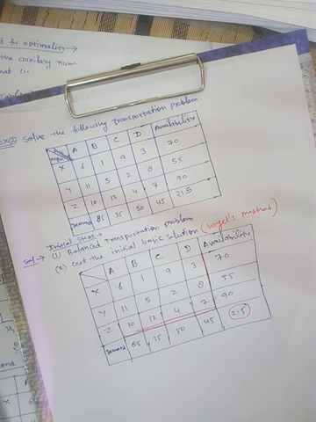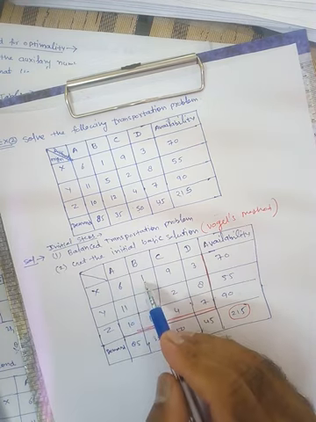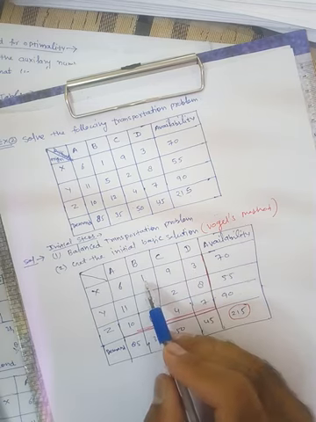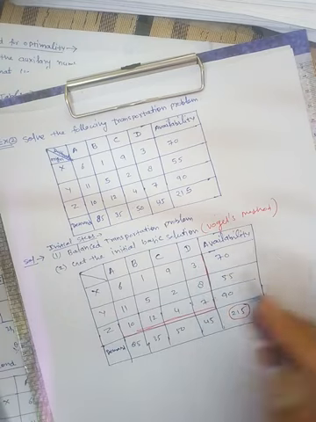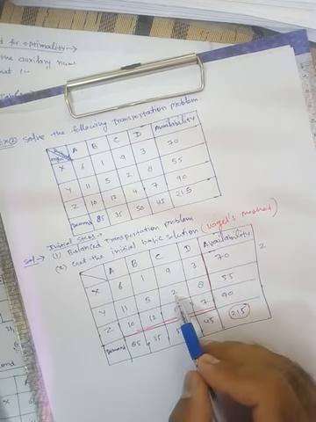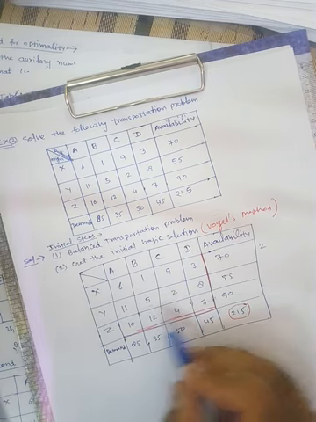Fine. So now in the first row, the least cost is 1 and the next least number is 3. The smallest is 1, after that 3. Now take the difference of these two. Write down here 2. Now here the minimum is 2, the next minimum is 5, so the difference is 3.